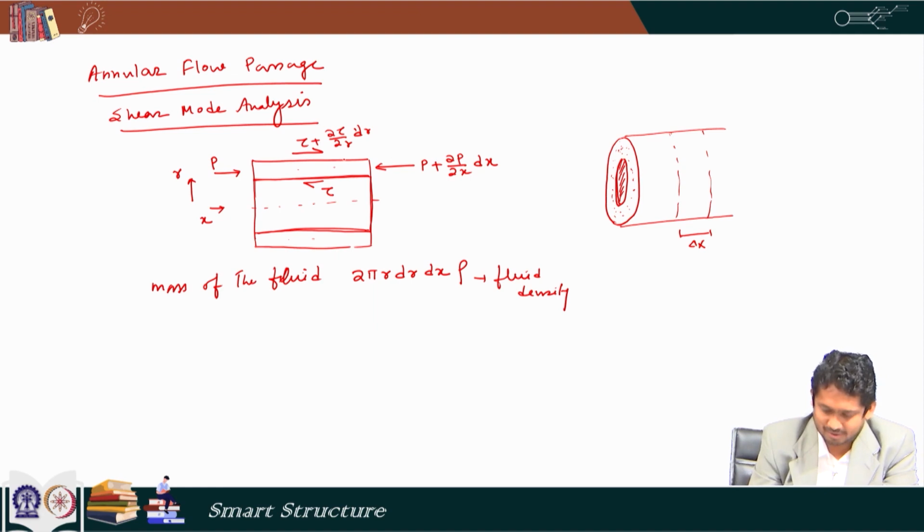As we know, this dimension is dr, and if I multiply this dr by 2 pi r, that gives me the total cross sectional area of the annular region considering the 360-degree revolution. And then if I do 2 pi r dr dx, that gives me the volume of the fluid element. So that means the volume of the fluid element considering a length delta x.